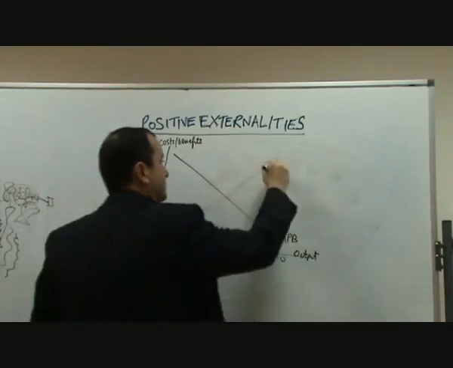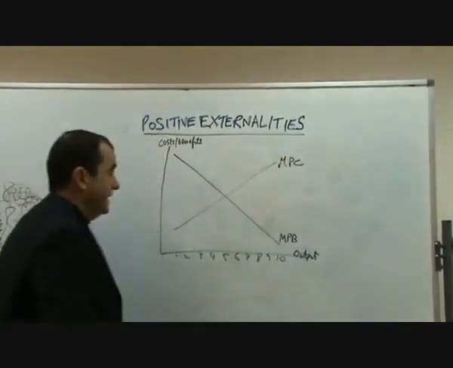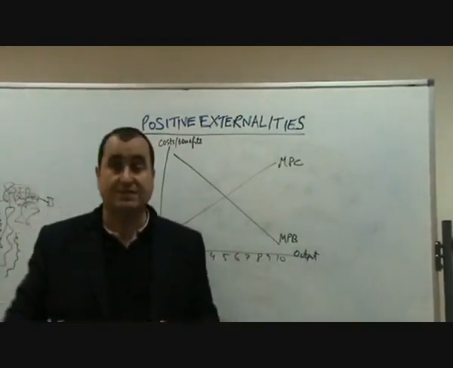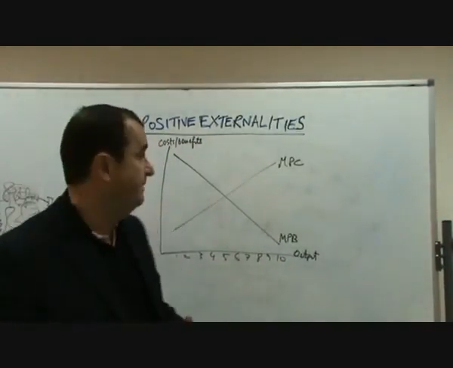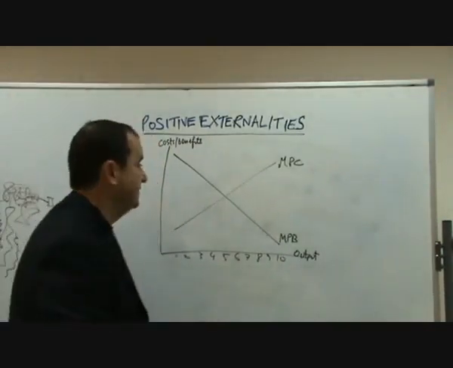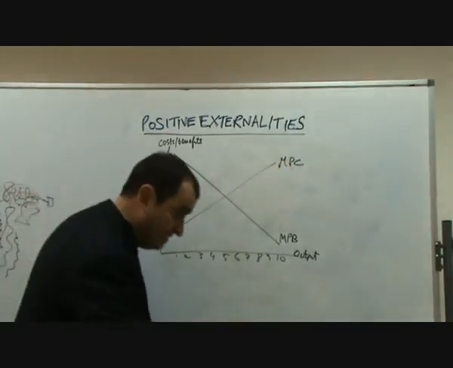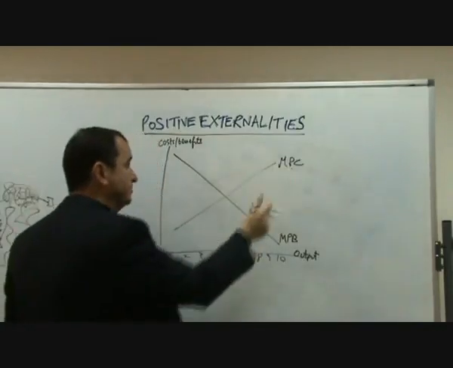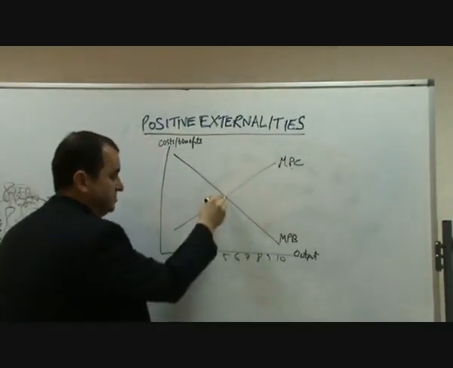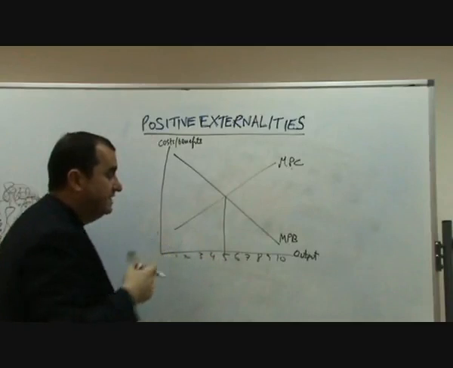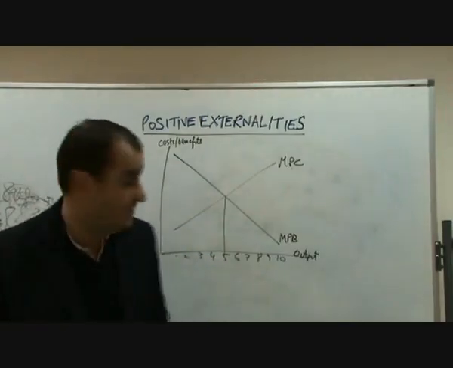Okay, marginal private cost rises. If we leave things to market forces, people will consume up to the point where their marginal private benefit equals their marginal private cost, and that will be the last unit that they consume. In this example, the last unit is the 5th unit.